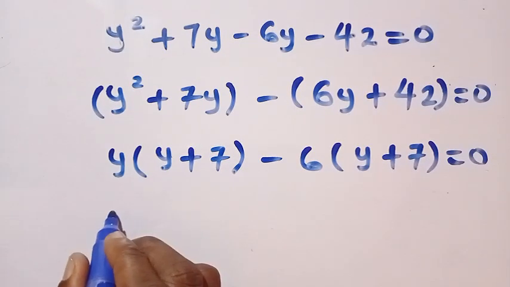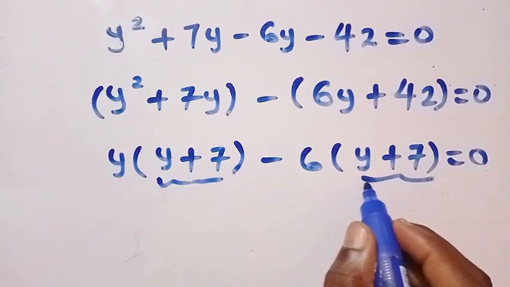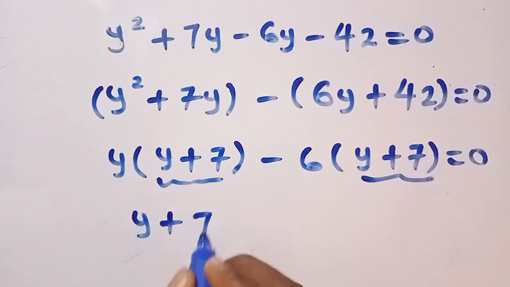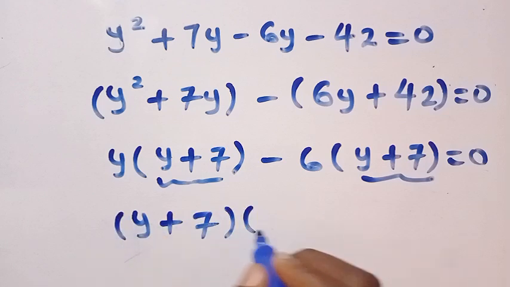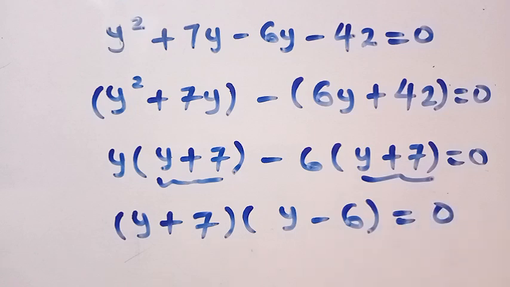Then we have y plus 7 is common to this. We take one of it and combine the coefficients. The coefficient here becomes y plus 7, then multiplied by y minus 6 equals 0.